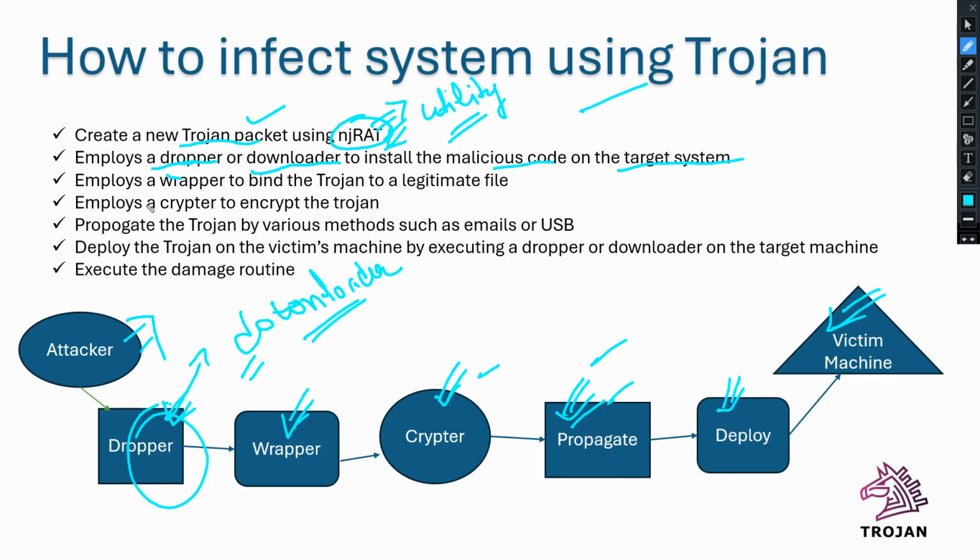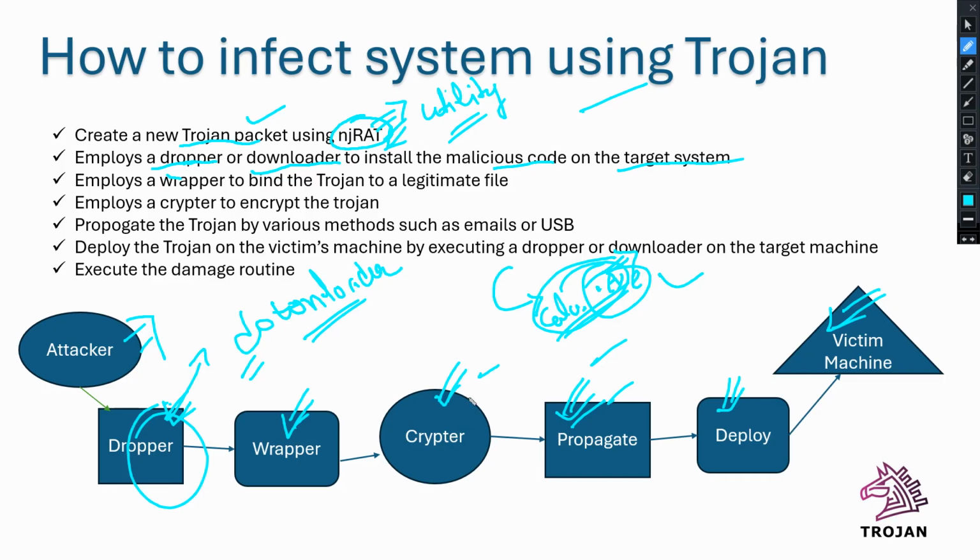After that, the attacker employs a wrapper to bind the Trojan to a legitimate file. Suppose we have a .exe file that is legitimate, for example calc.exe, the calculator. This is a legitimate application. So what will the Trojan do? It will wrap the Trojan code with this legitimate file.